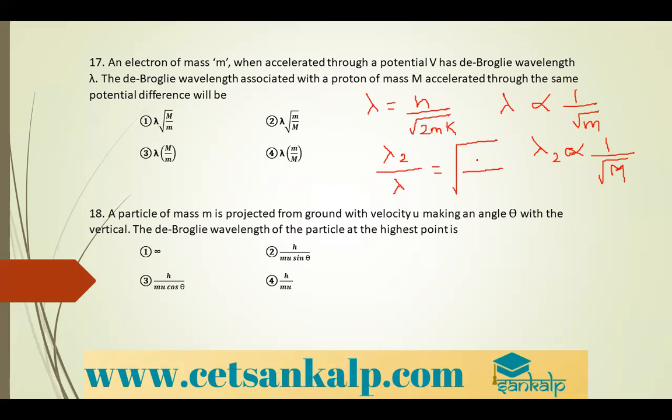So it is capital M divided by small m. So lambda 2 is equal to lambda into root of m divided by M.